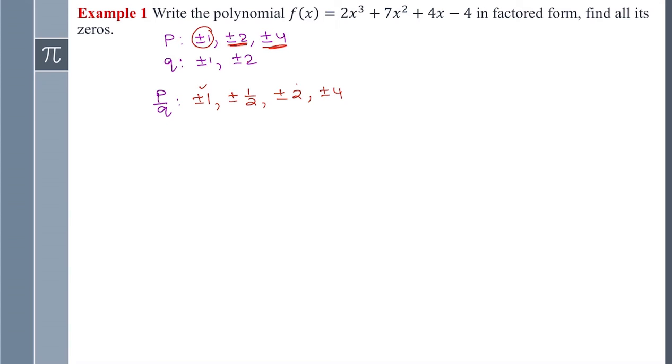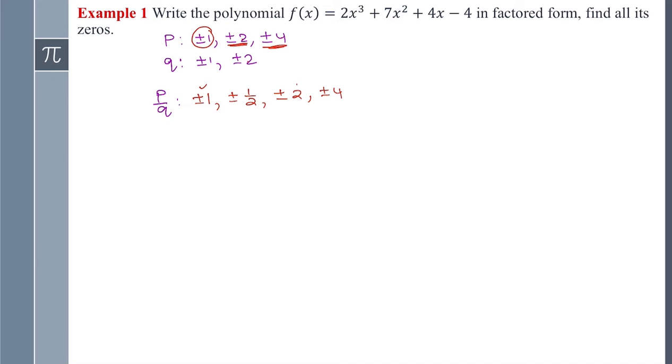So we'll try with negative 1. 2 times negative 1 cubed plus 7 times negative 1 squared plus 4 times negative 1 minus 4. That gives us negative 2 plus 7 minus 4 minus 4, and this one is also not going to give us 0. So both positive and negative 1 are not zeros.